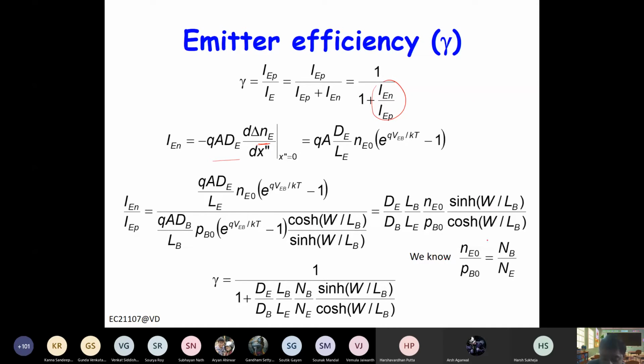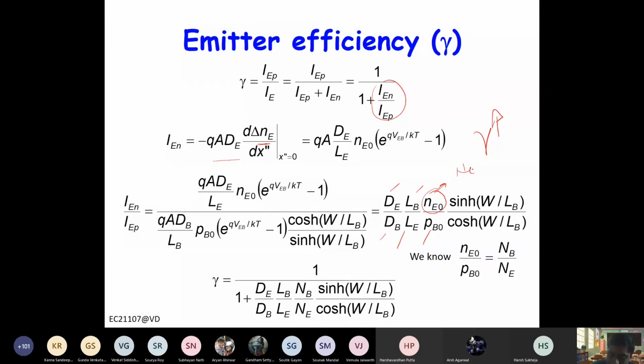Now if you look at the expression for injection efficiency, it depends on DE LB NE divided by DB LE PB, right? So that means if you want to improve the injection efficiency, what do you have to do? Your NE should be more. This is a minority carrier concentration. Now when will the minority carrier concentration be higher in the emitter? When doping is more, right?